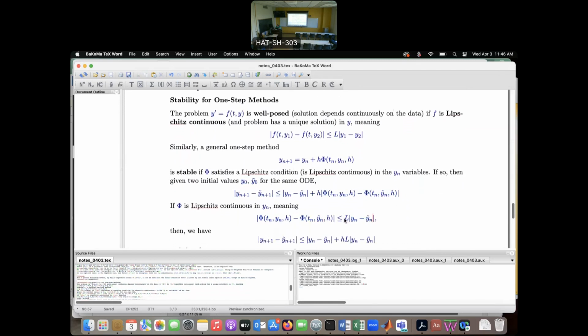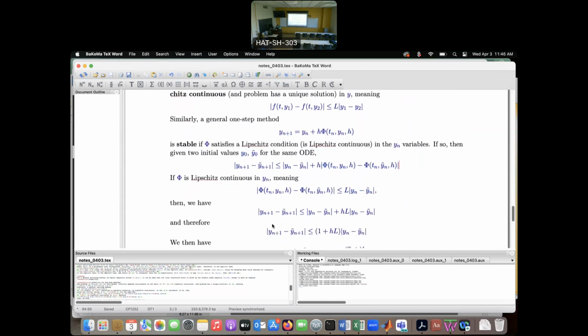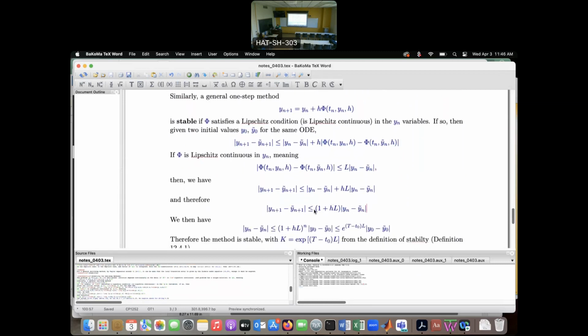So now I can substitute this upper bound for this expression here. Now I have that the difference in my solution values is less than or equal to (1 + hL) times the difference in previous solution values. Here we have this recursive relationship, how each error relates to the previous error.